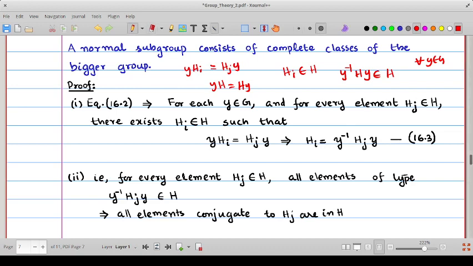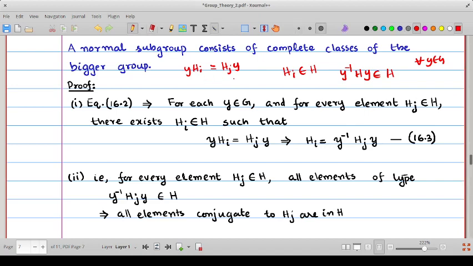One of the elements of the left coset should appear in the right coset as well. It is not necessary that the elements Hi and Hj here are the same. So one of the elements given by YHi of the left coset should be equal to one of the elements given by, say, some HjY of the right coset. So this should be satisfied.